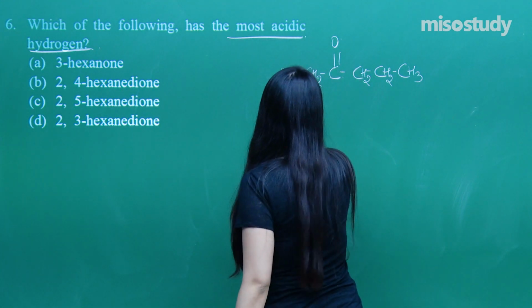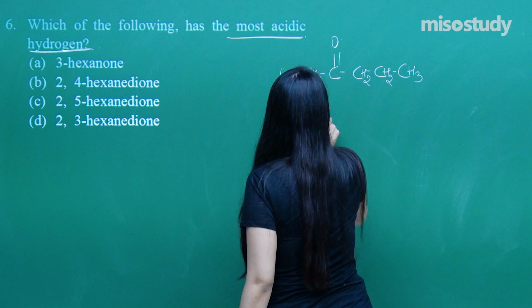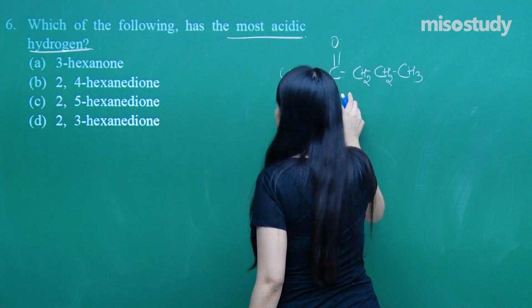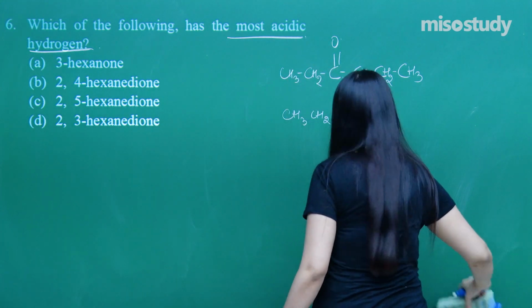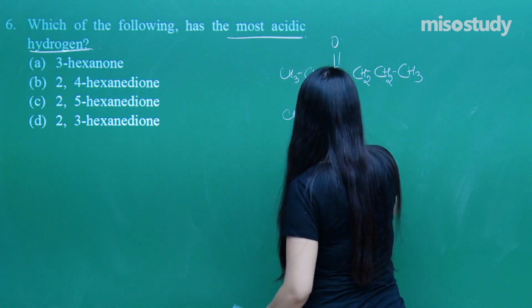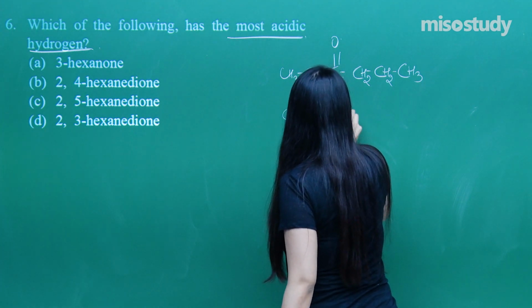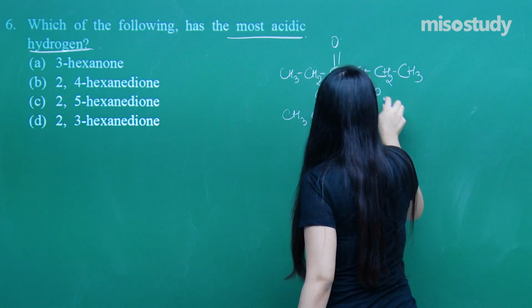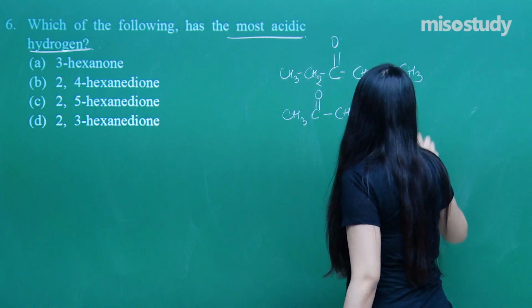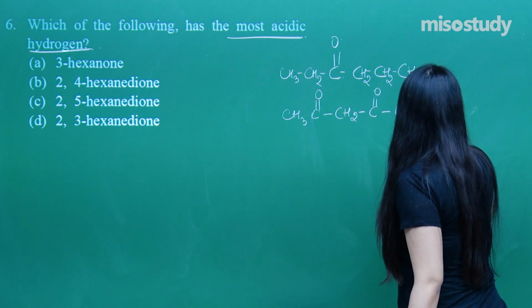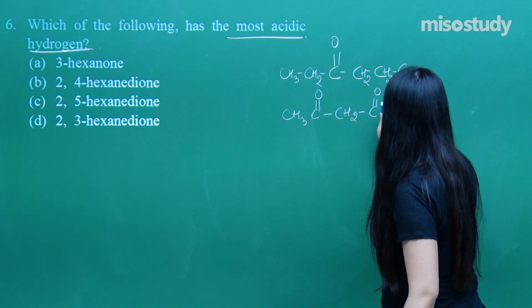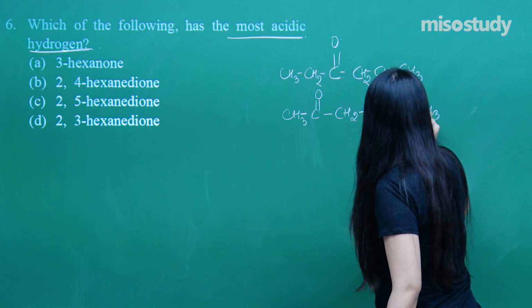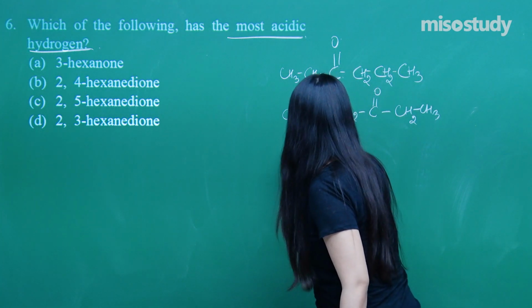I've got 1, 2, 3, 4. So I need to have the carbonyl on the second carbon, and 4, and again I need to make up 6: 1, 2, 3, 4, 5, 6. That's right. Let's move on to the next one.